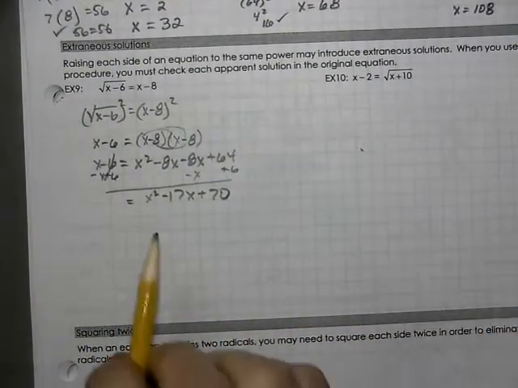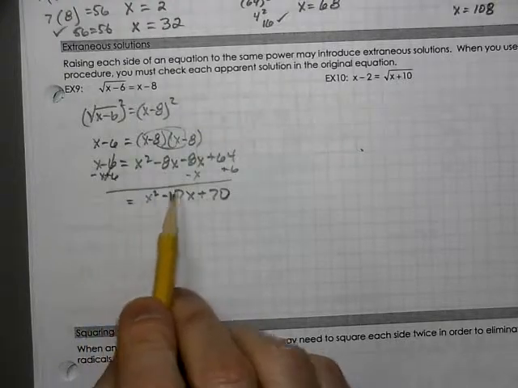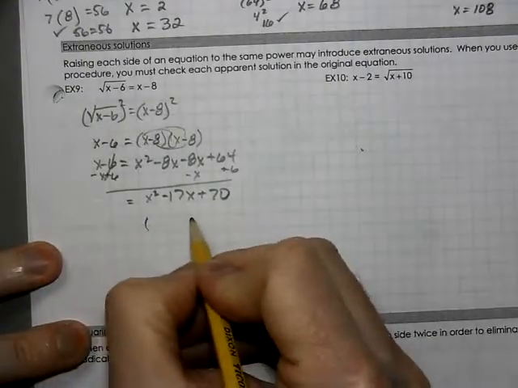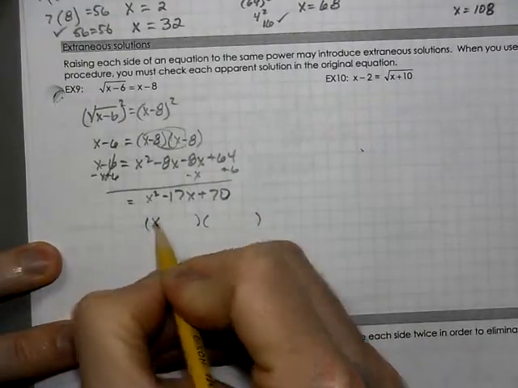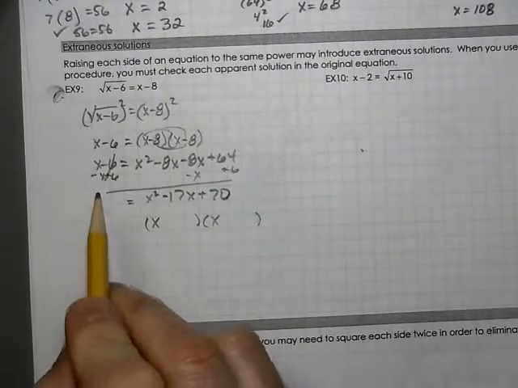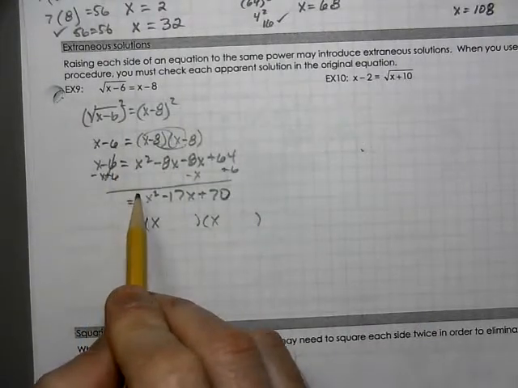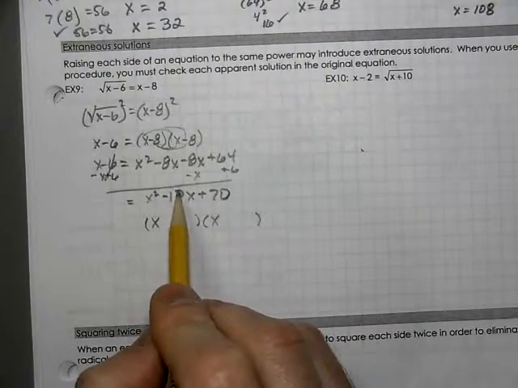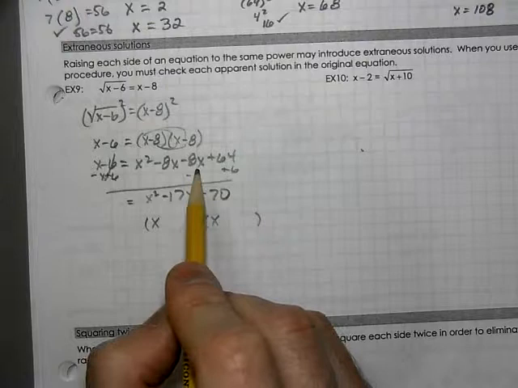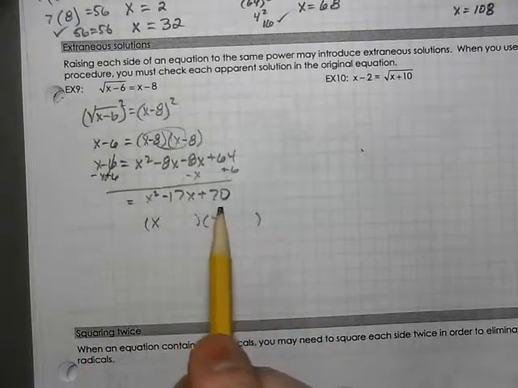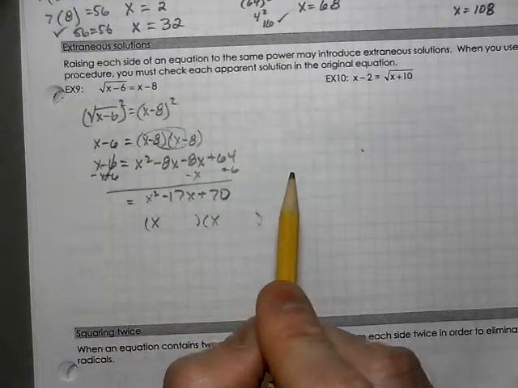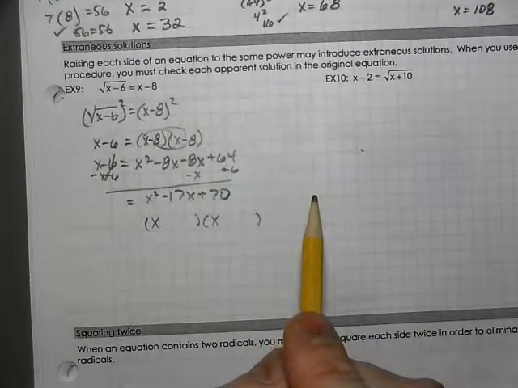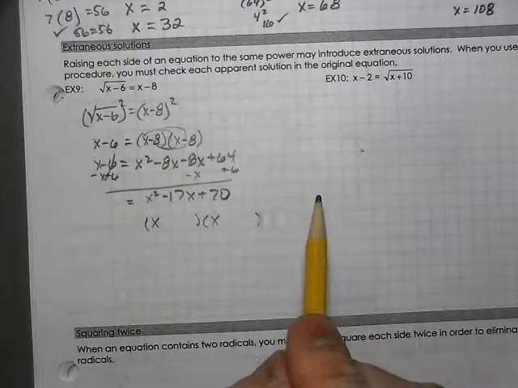So notice how this one has two different types of x's. So we know that this might be factorable. This has a leading coefficient of 1, so we can just ask ourselves what multiplies to be 70 and adds to be negative 17. Well, we know that 2 and 35 makes 70. 3 doesn't go in there evenly. 4 might not go in there evenly. 5 might.